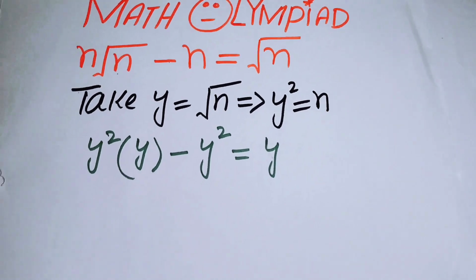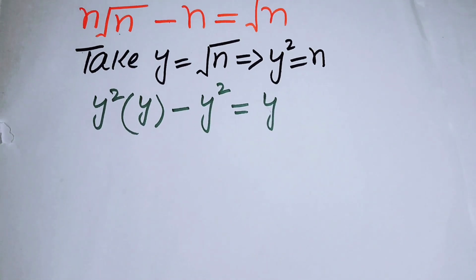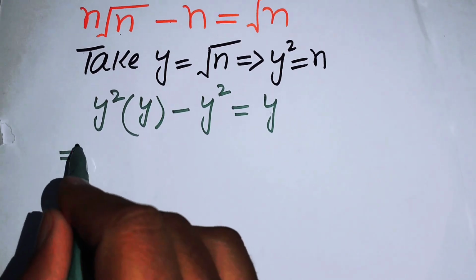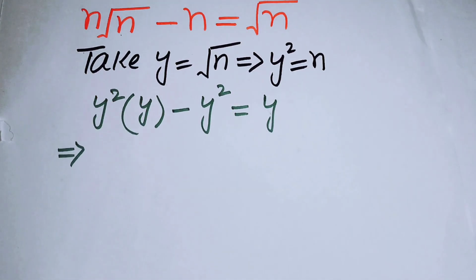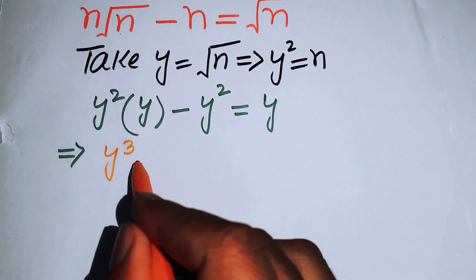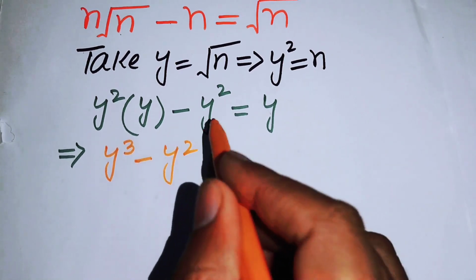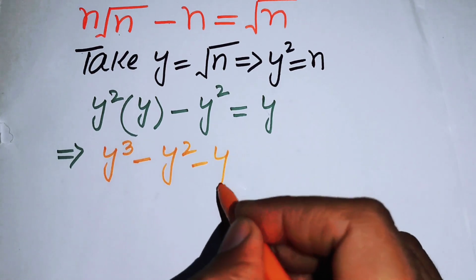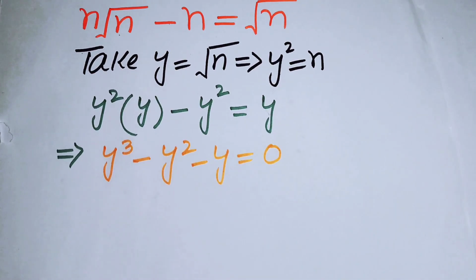So here we need to do a little bit of simplification, and we multiply y squared by y, and we get y cubed. So here we have y cubed minus y squared, and we move this y to the left hand side, and this whole equals 0.